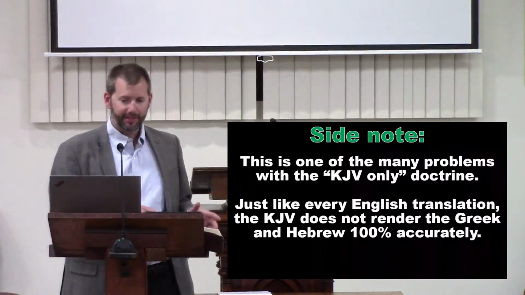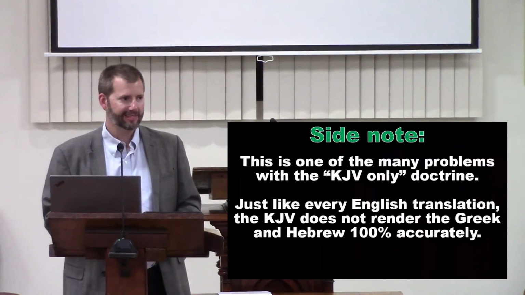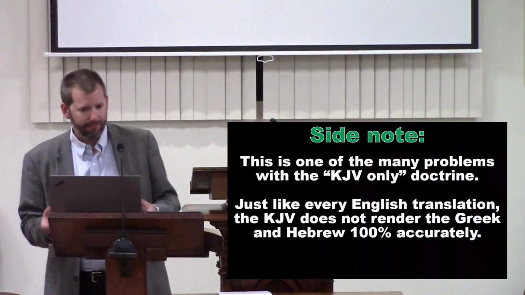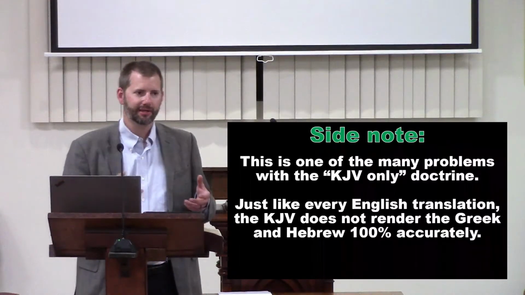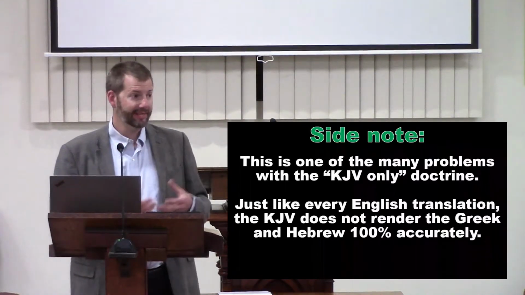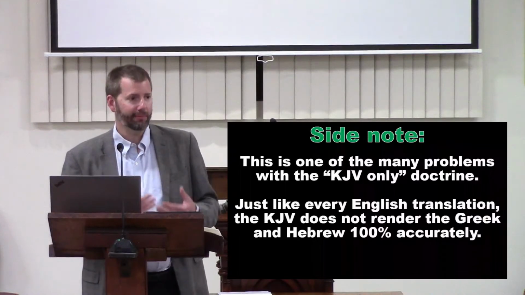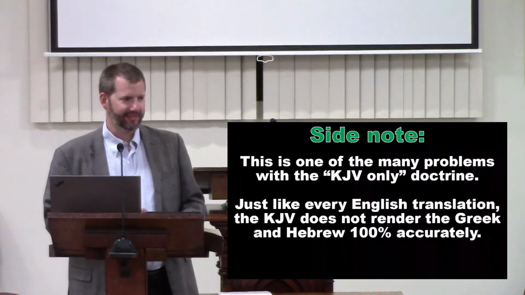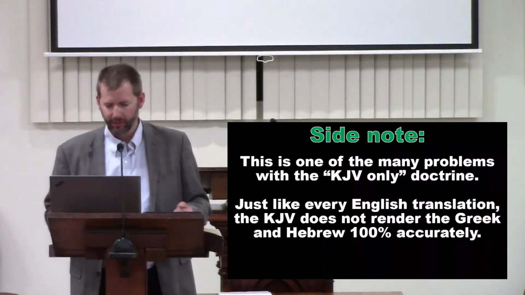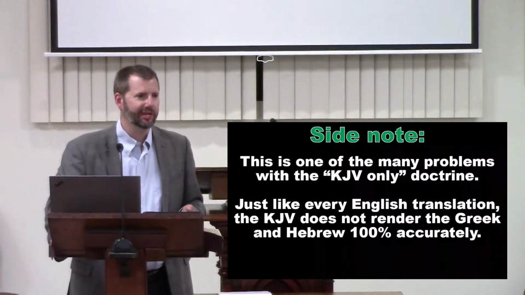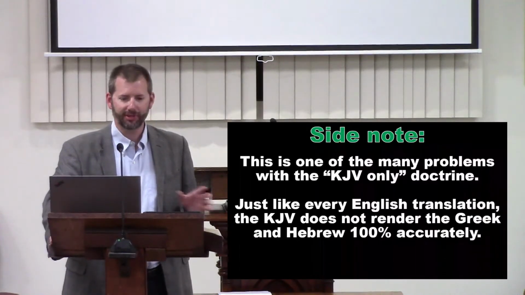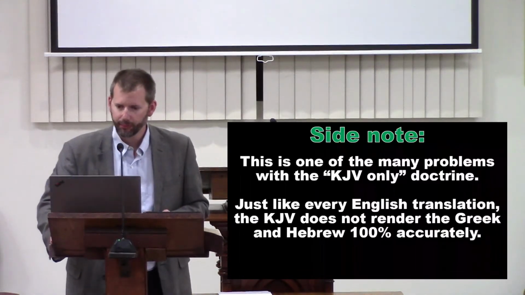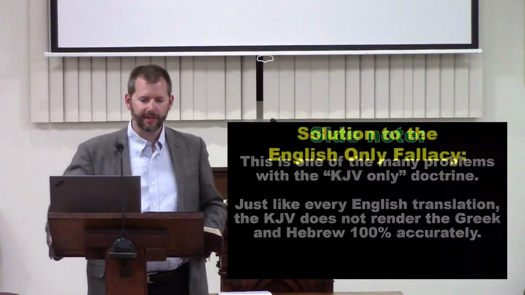We're not getting into it today, but this is one of the problems with it: it is a translation, trying to make a readable document out of an ancient language. They did a good job for the time with the tools they had, but they also did some things that were not so good for political reasons. So, just in case anyone was leaning that direction. If you have more questions about KJV-only doctrine and some of the problems with it, you can talk to me later.